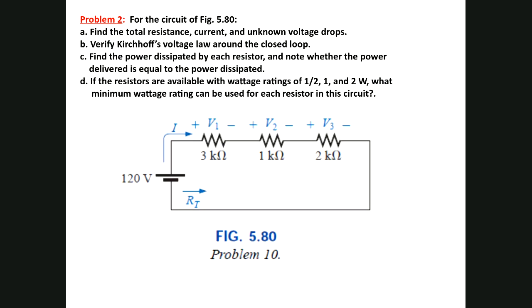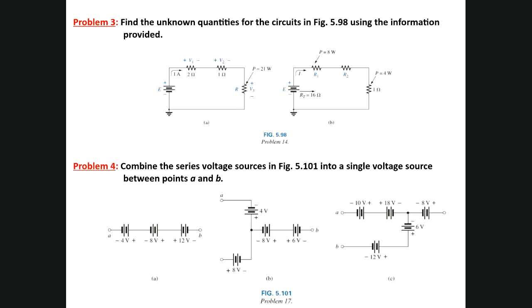Similarly here, you need to apply the Kirchhoff voltage law. Here there are different unknowns. You can find the unknowns in each circuit. Use the properties, use the formula, use whatever you like to find these unknowns.